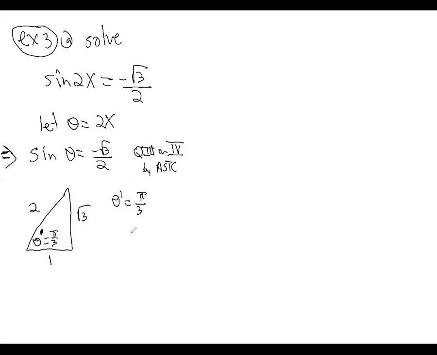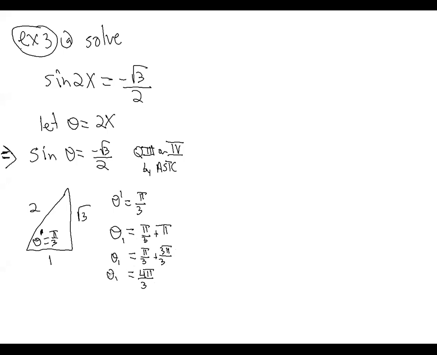So our first solution, let's call it theta 1, is pi over 3 plus pi, which is pi over 3 plus 3 pi over 3, which when you combine, you get 4 pi over 3. So that's the first solution in theta.